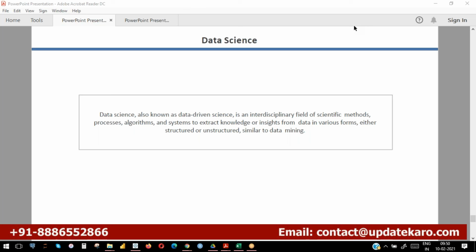What is the difference between structured and unstructured data? No leads? Okay.